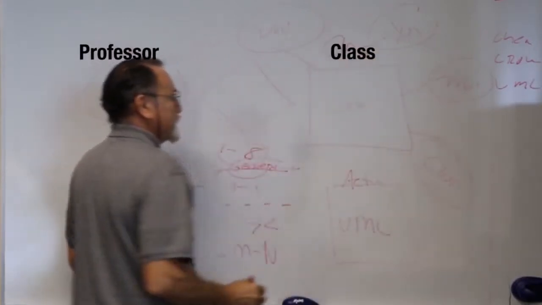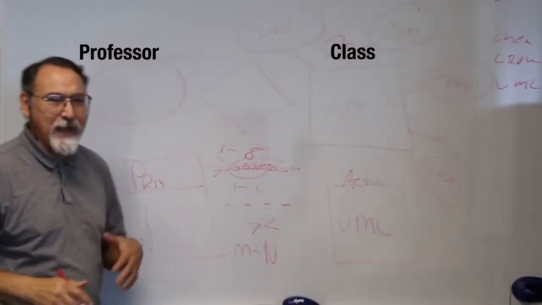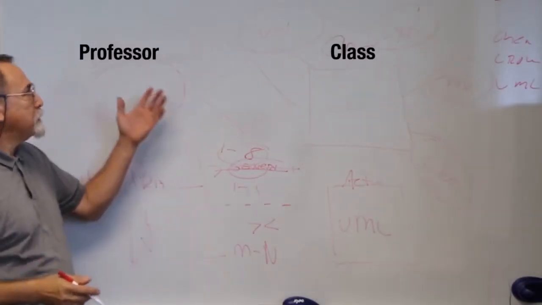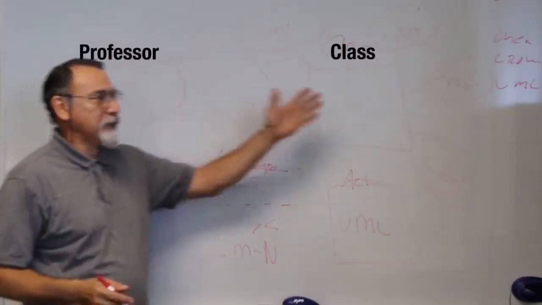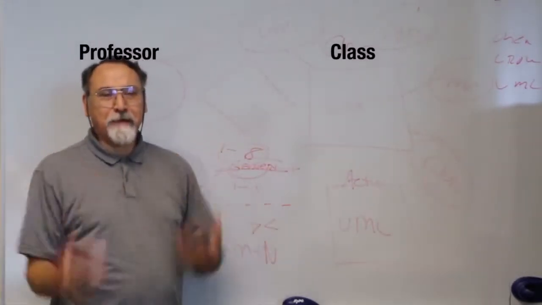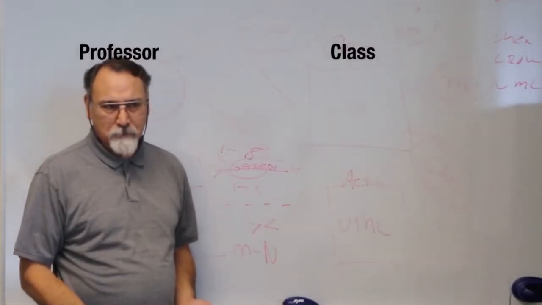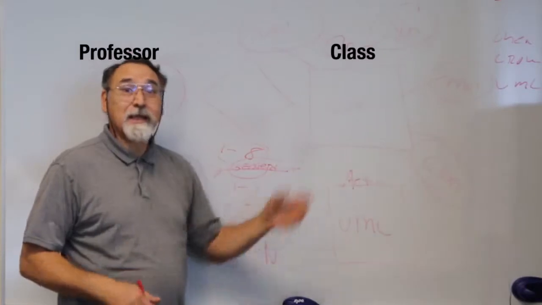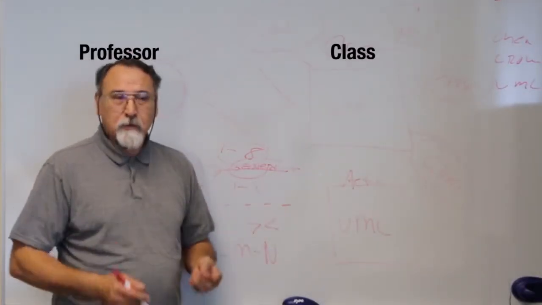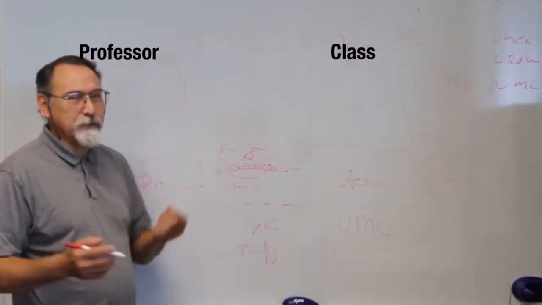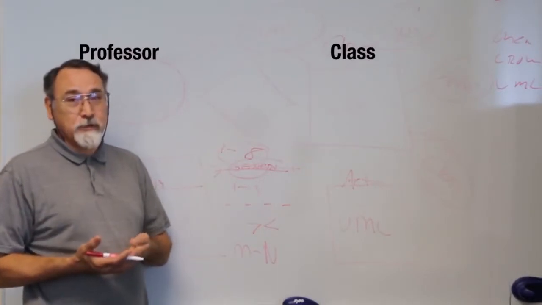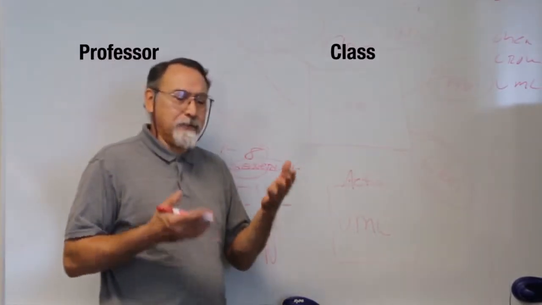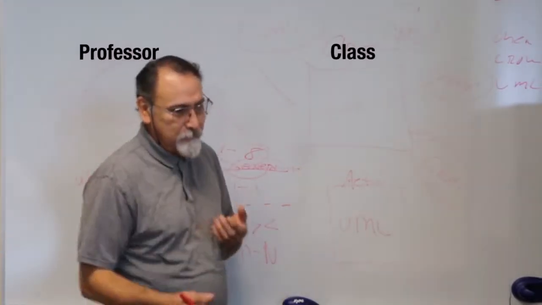Okay, so you have a professor and a class. Now there's a lot of activity that happens: before a professor can have a class, you have to have students. Before the student can go to the class, he has to enroll. Remember I told you about the implied infrastructure, where you have the tub and water has to flow downhill?